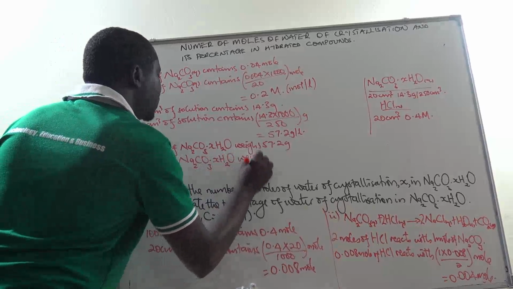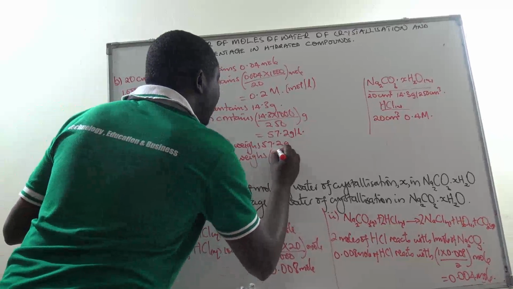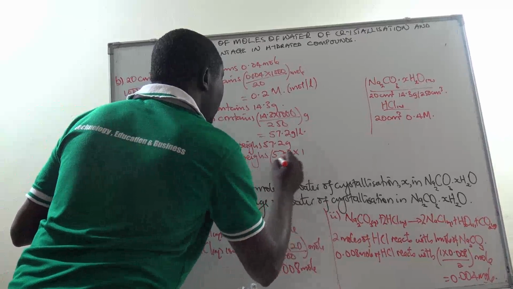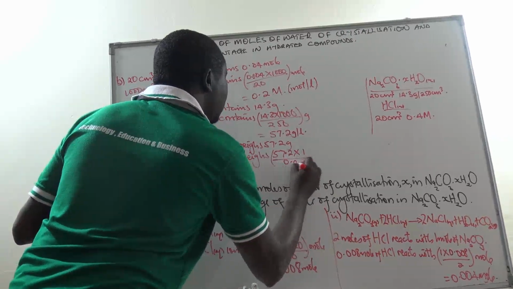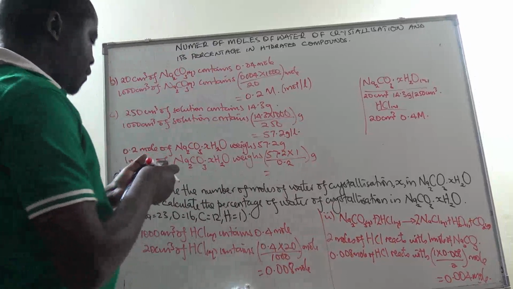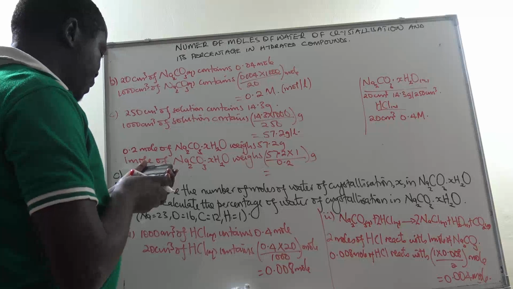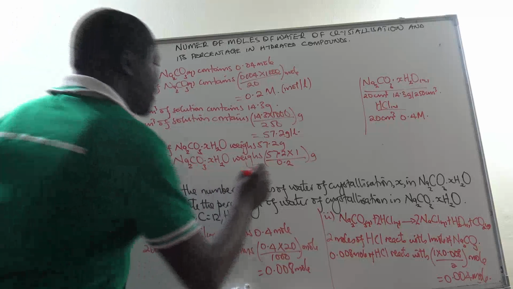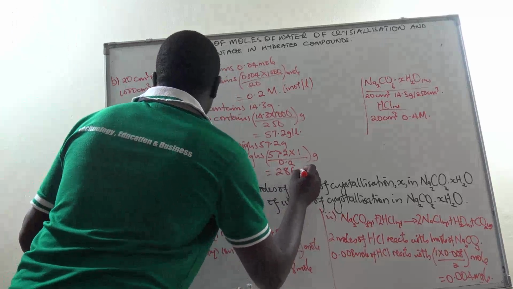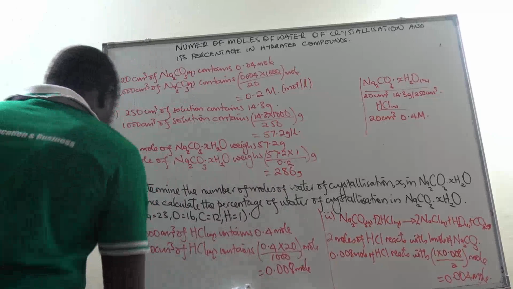So it weighs, we cross multiply, 57.2 times 1 over 0.2 grams. So we are getting the mass of 1 mole of the hydrated sodium carbonate. And this one has given us 286. This is the mass of 1 mole of the hydrated sodium carbonate.